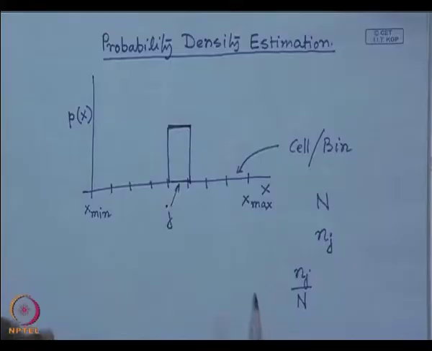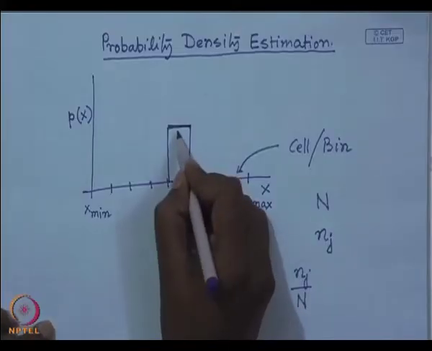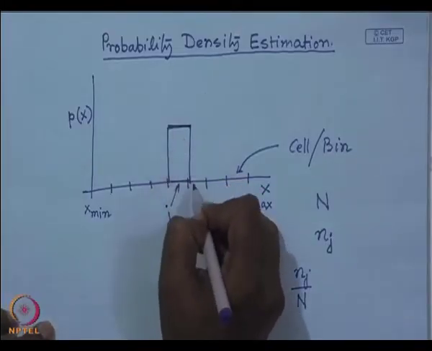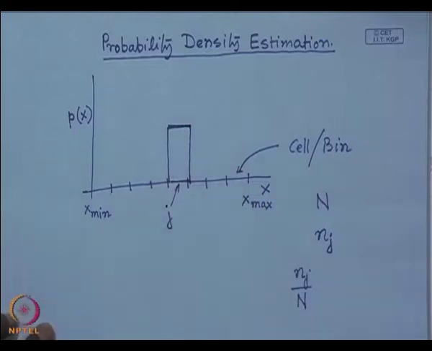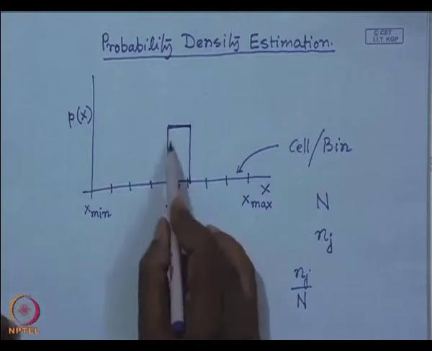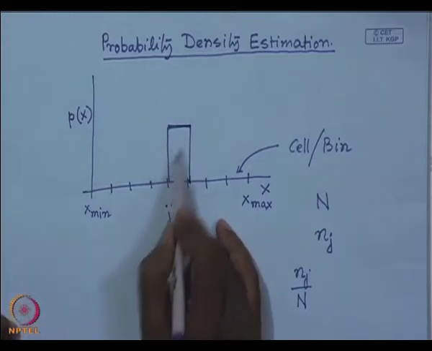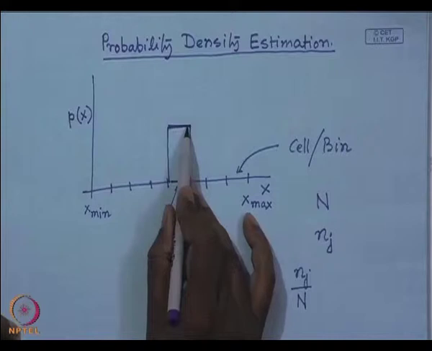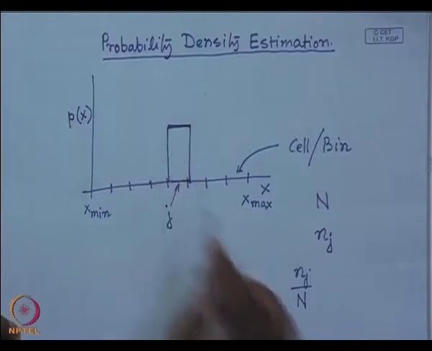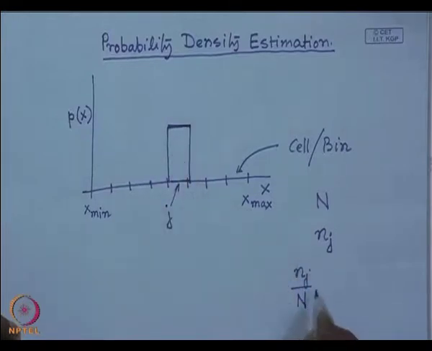That means, the sum of the areas of all these bins has to be equal to 1. So, that clearly says that the area under this probability density function in this bin has to be equal to n j by N, because the sum of n j by N, if I take the summation over all values of j, is equal to 1.